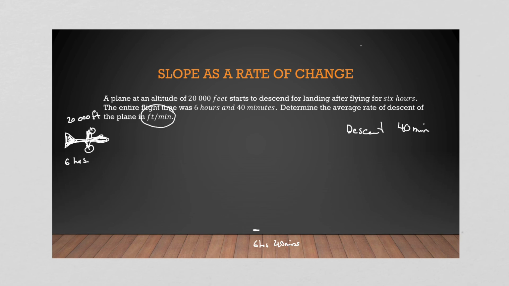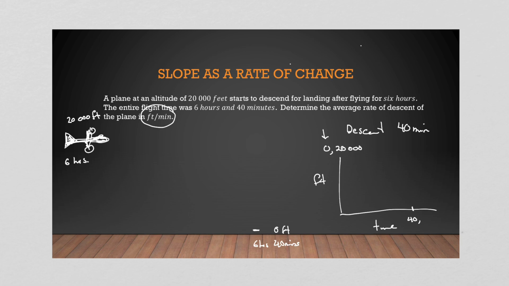So if we start at 20,000 feet, we finish at 0 feet. So what our units look like, again, if we think about this, we have time and we have feet, right? So we have 0, 20,000 because we can think of that at 6 hours, sure, but as 0 minutes. And then here we have 40 minutes later, we're at 0 feet.